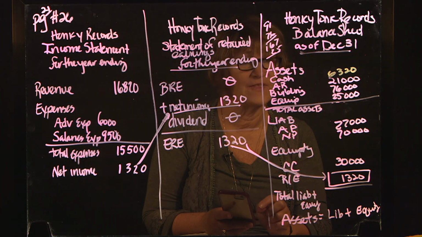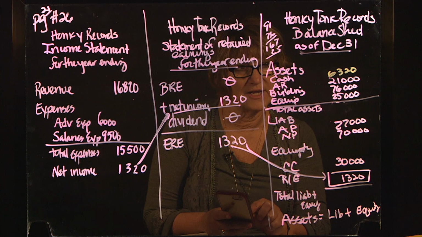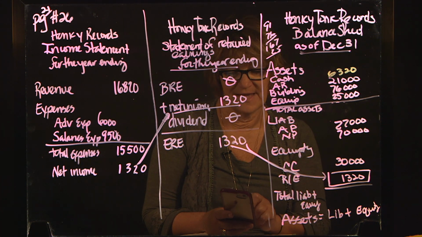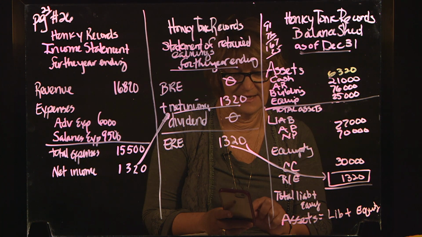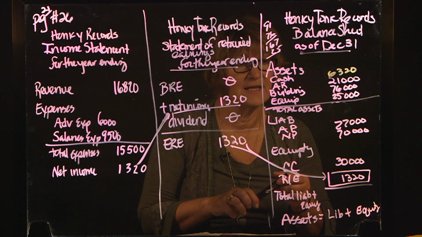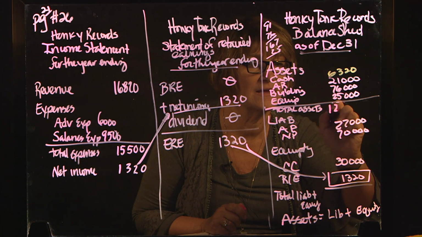I went back through everything knowing what I know, 6320 plus 21 plus 76 plus 25 equals 128,320.